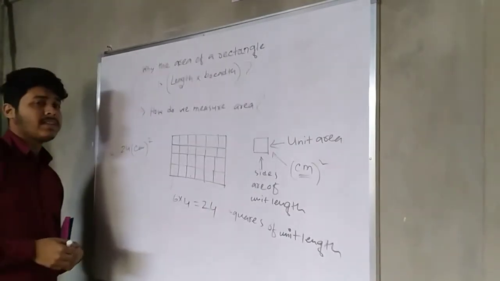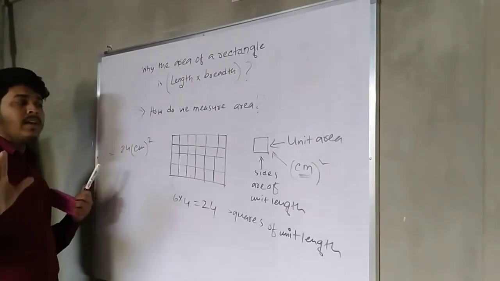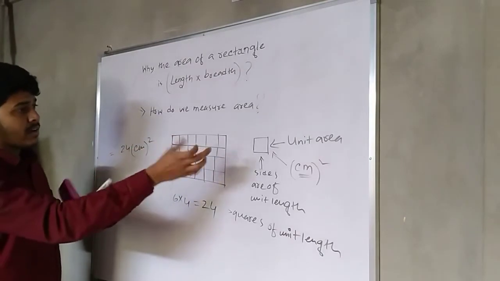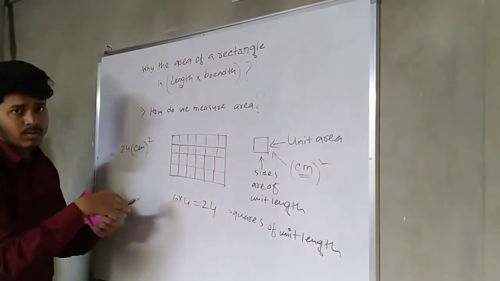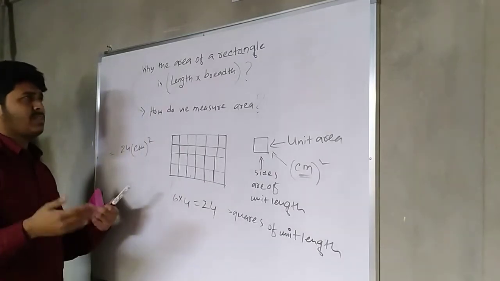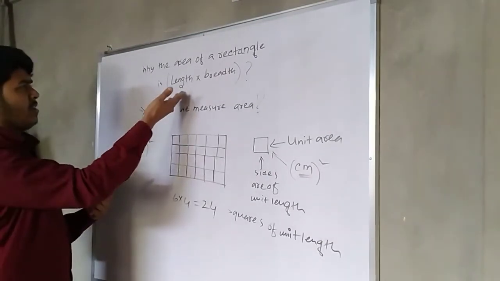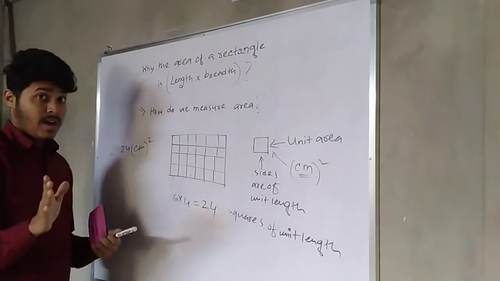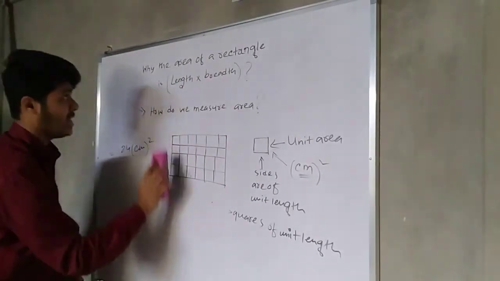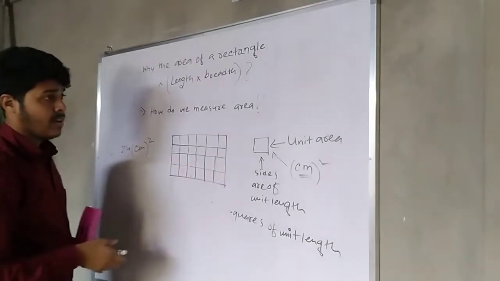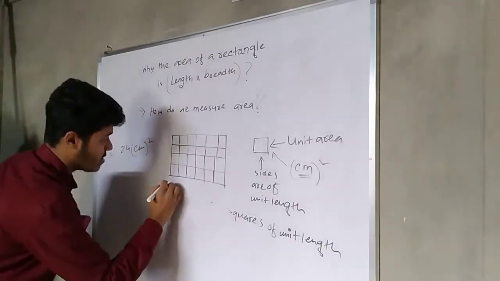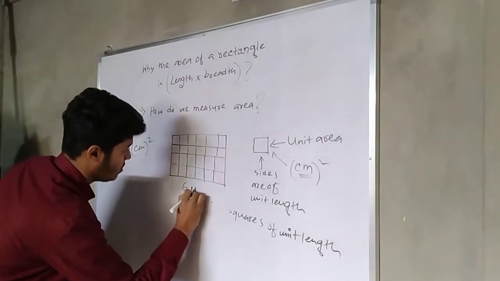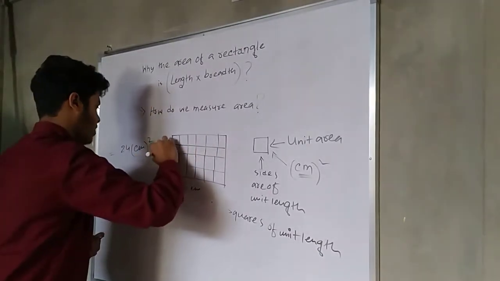Now obviously you're gonna say, okay, I can do it by putting the unit area inside the whole rectangle, but how does it justify the formula length times breadth? Now, let's say this has length of 6 centimeter, and this has length of 4 centimeter.